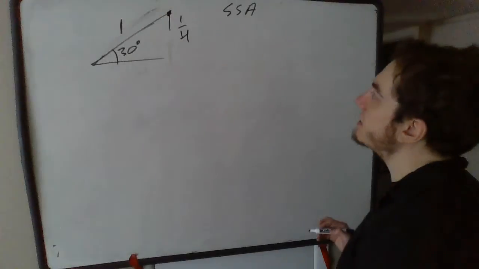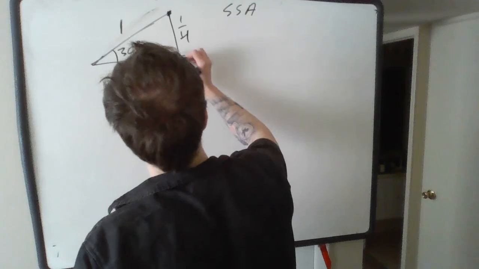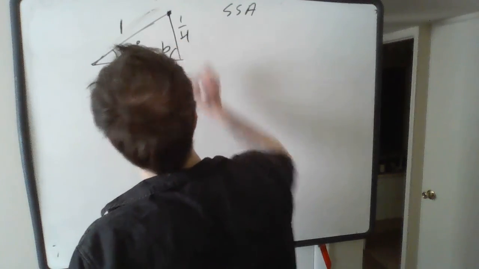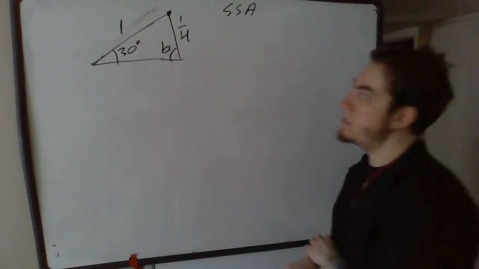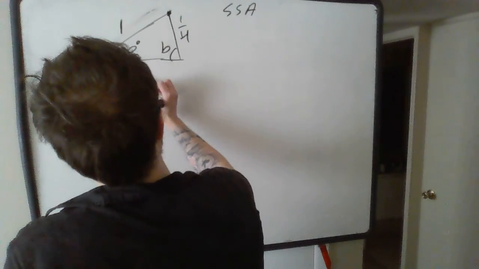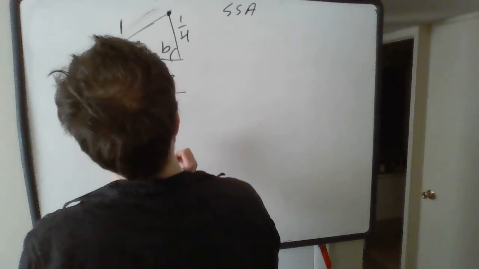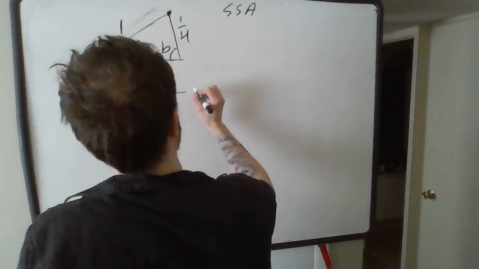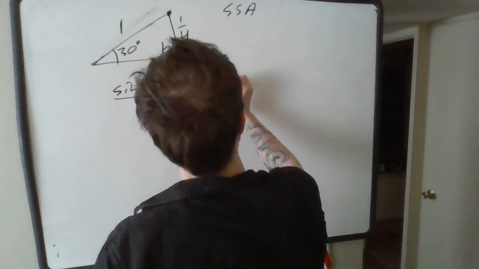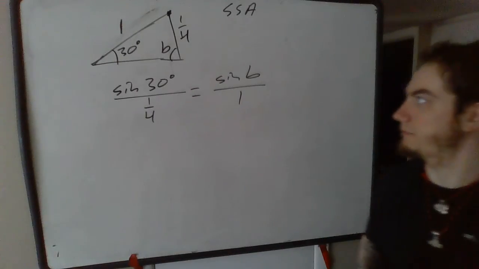So the reason why this would be the case is because, assuming that such a triangle could exist, let's call this angle little b. Then what we know is that the sine of 30 degrees over 1/4 should be equal to the sine of little b divided by 1.